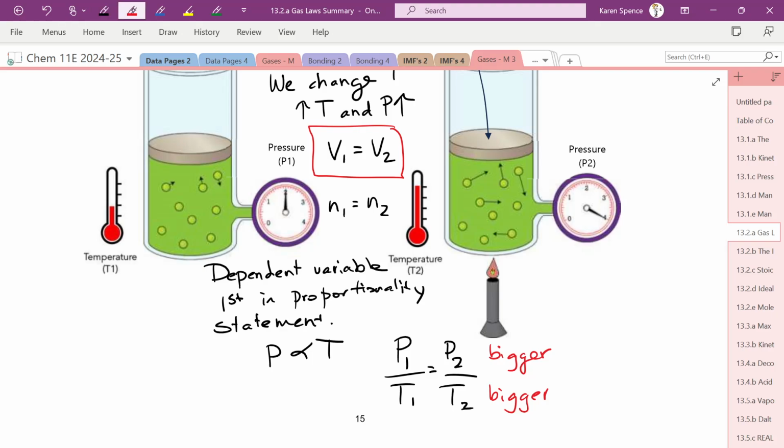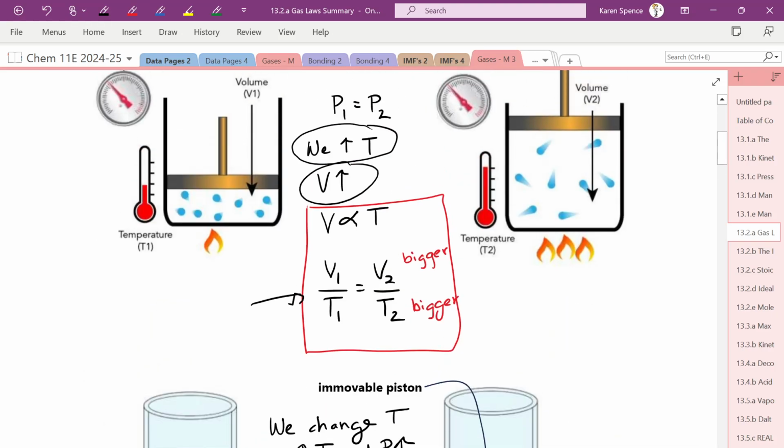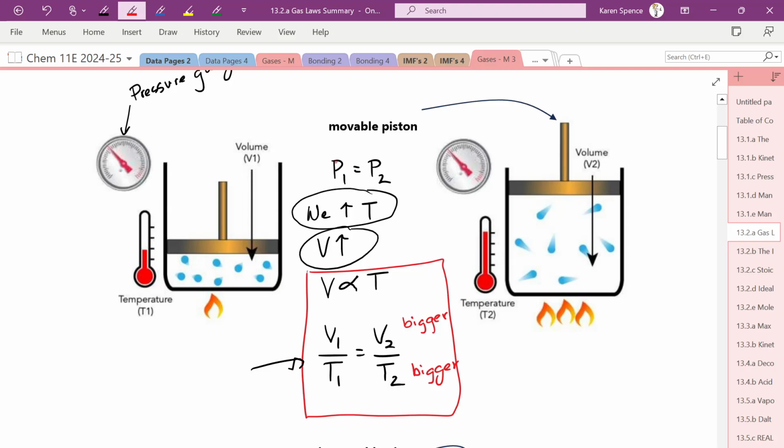Okay, so those are things that are remaining the same. And also for the one above it, you'll notice that P1 equals P2, and N1 equals N2. So all of these little laws depend on keeping stuff the same and changing one thing and watching the response of the other.